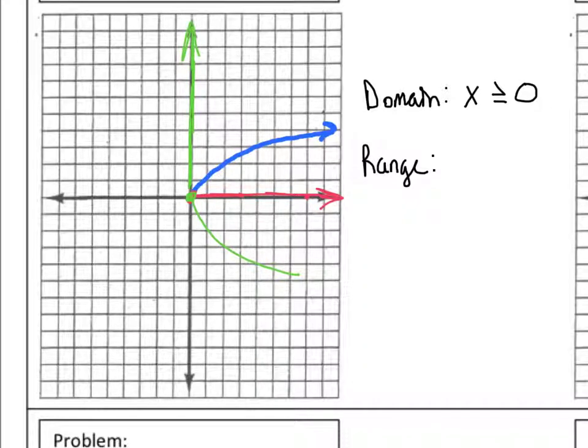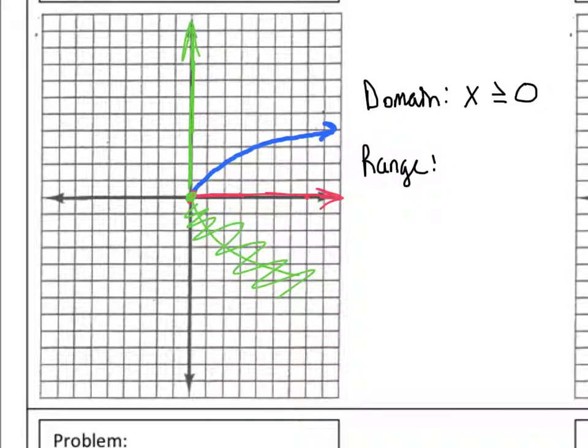Eventually this graph will get to those really large y values. It will never go down. It's always going to start at 0, 0 and continue to go up and keep getting wider and wider forever. It's never going to curve back.